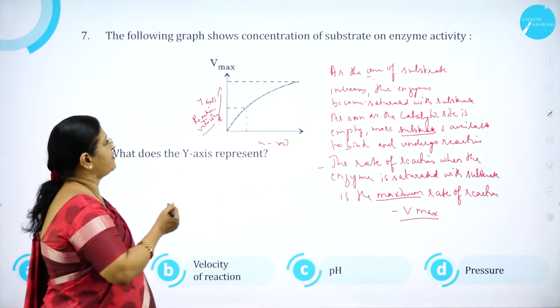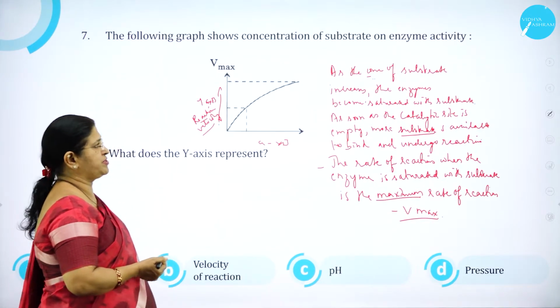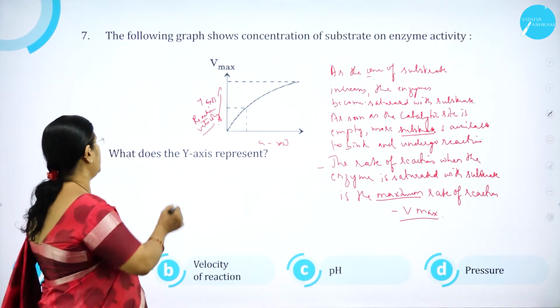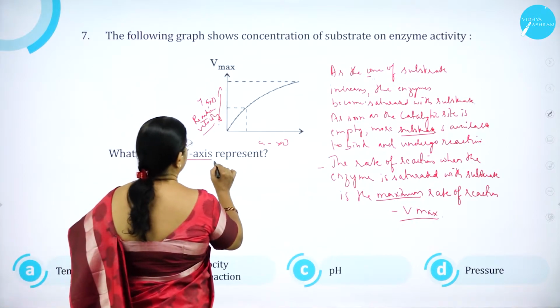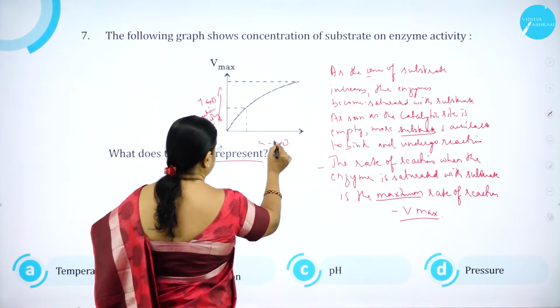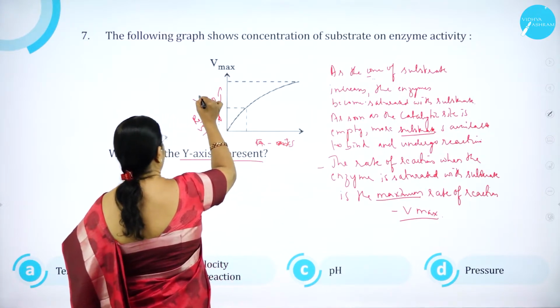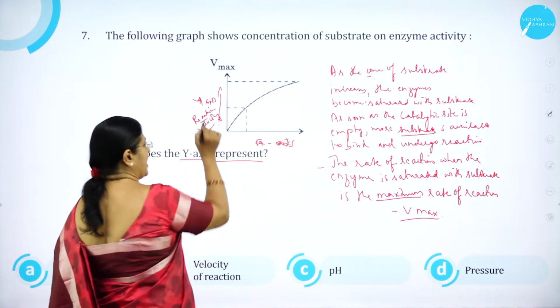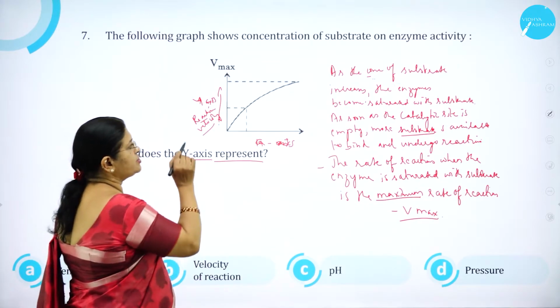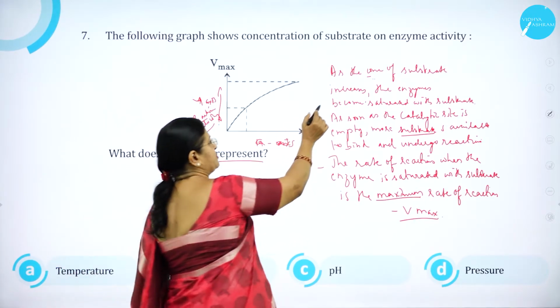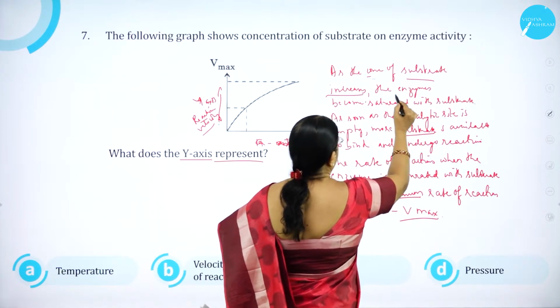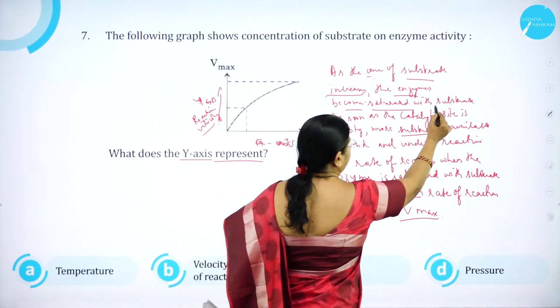The following graph shows concentration of substrate on enzyme activity. What does the y-axis represent? Here this is the x-axis and this is the y-axis. As the concentration of the substrate increases, the enzymes become saturated with substrate.